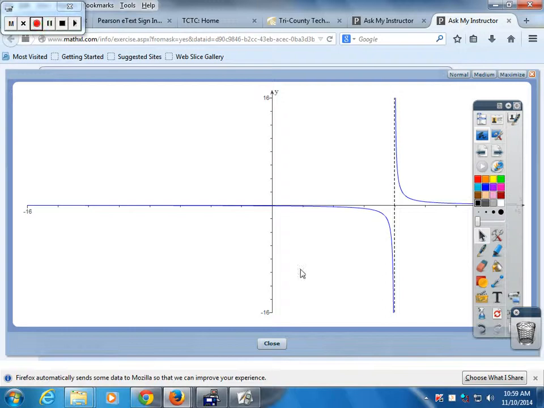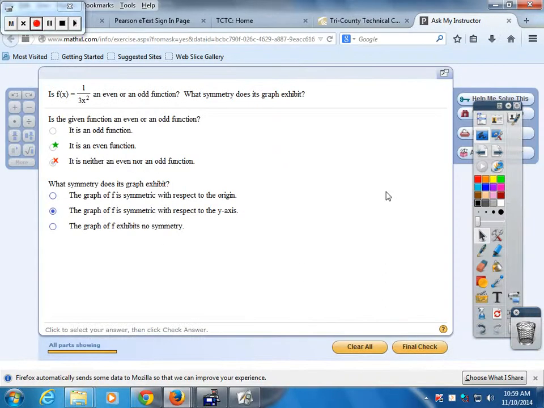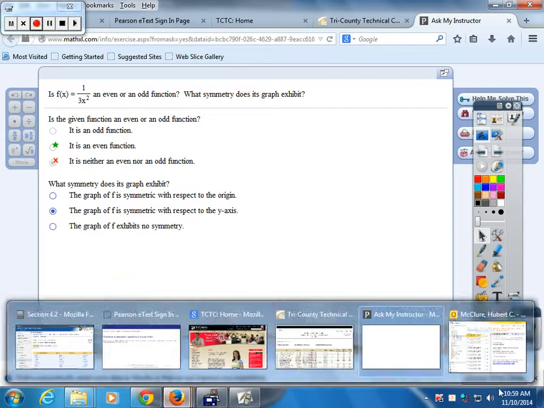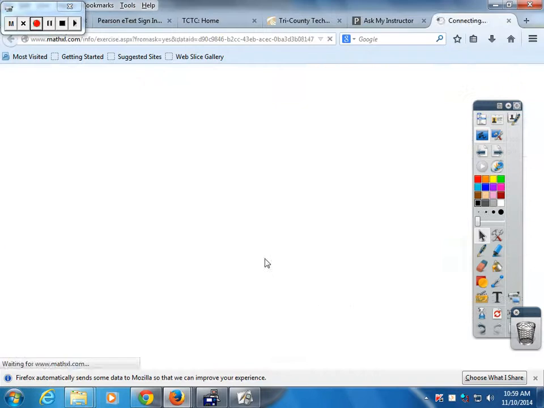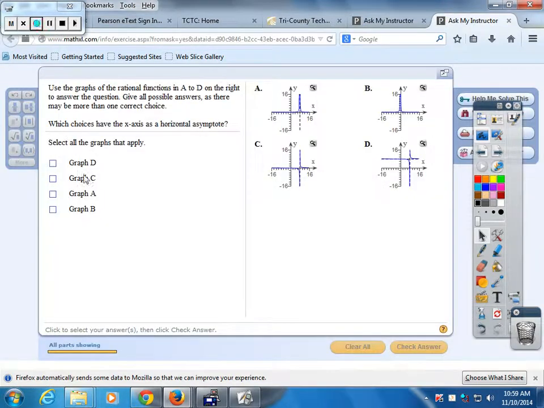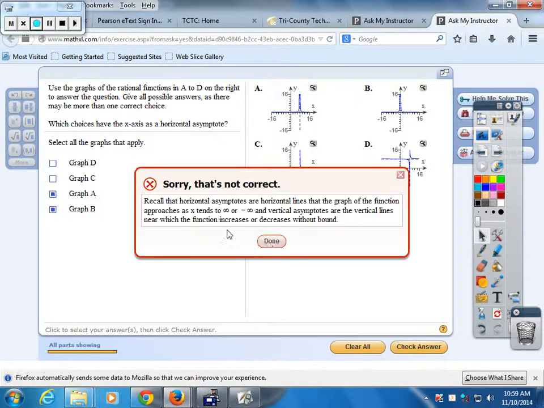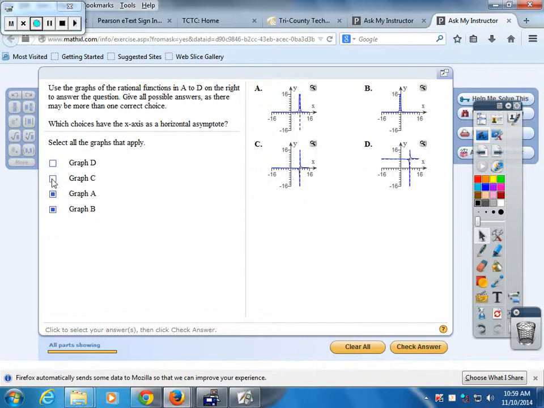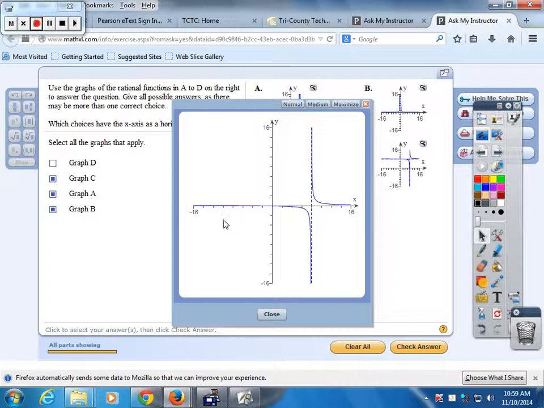I don't know about that one. Let's go ahead and hit A and B. Did I just get rid of the problem? Yes. There we go. I'm going to say A and B. Dang, old A and B. Okay, they want C. Now, I would say that's a computer glitch because it looks to me like that one's going over.